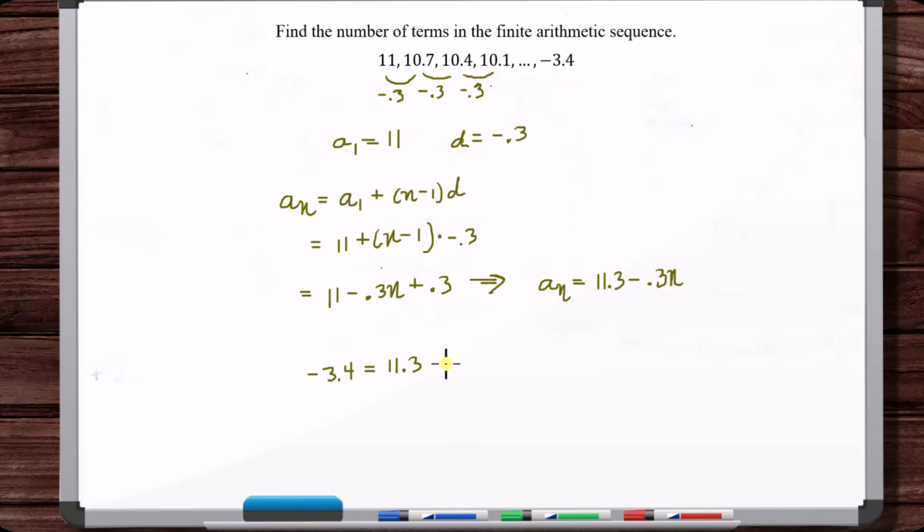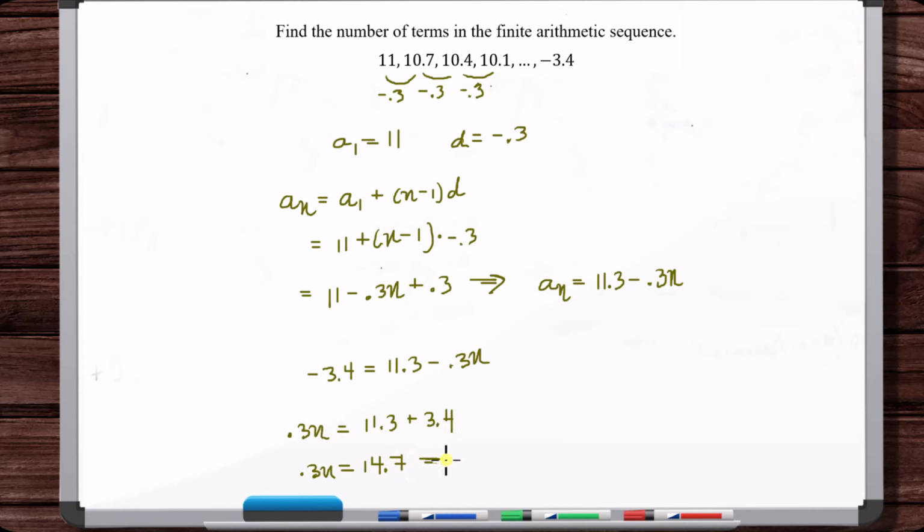Okay, minus 0.3n. So let's bring the 0.3n to the left. And then we've got 11.3 plus 3.4. Okay, so 14.7.